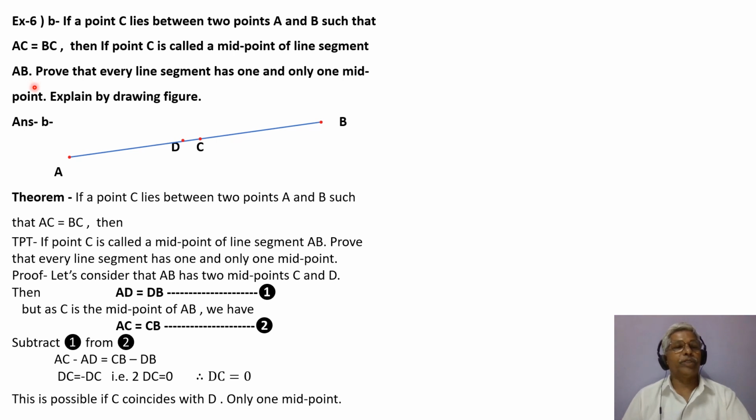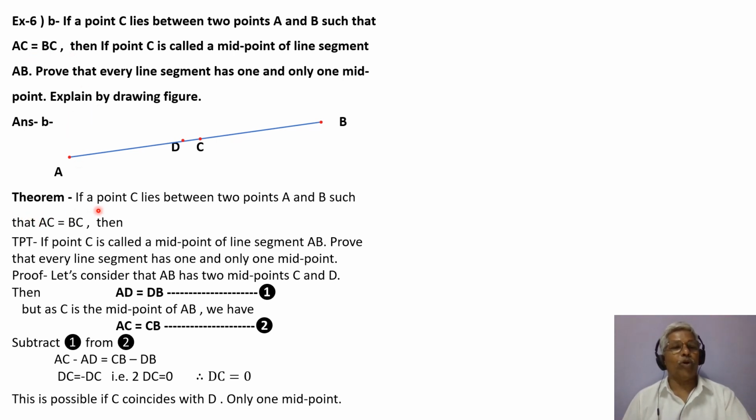What you have to prove is given ahead. Prove that every line segment has one and only one midpoint. Explain by drawing figure. Now the answer for B. This is a figure AB. This is C, and AC is equal to CB or BC given here. We are looking at it as a theorem.